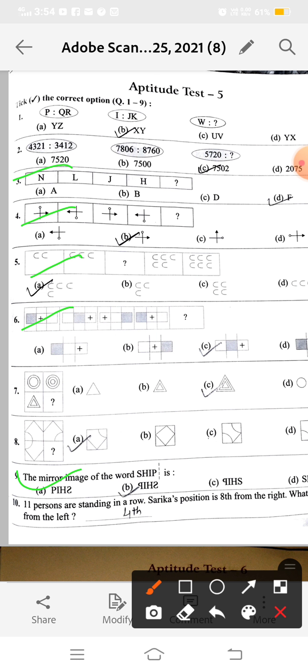We celebrated Basant Panchami on 16th February, and we also celebrated Uttarayan on 14th January. Both are known as seasonal festivals.